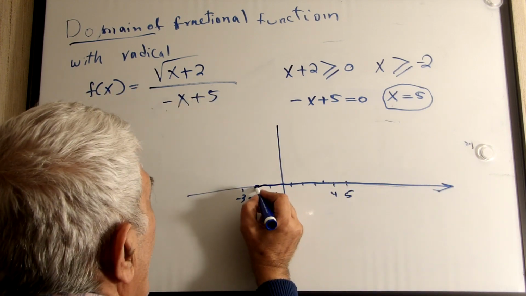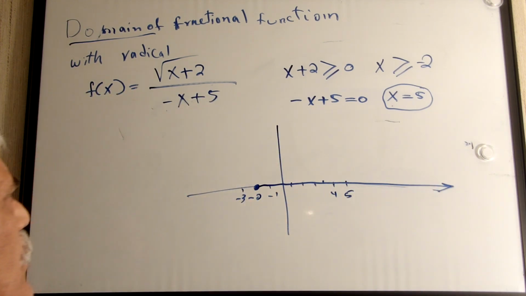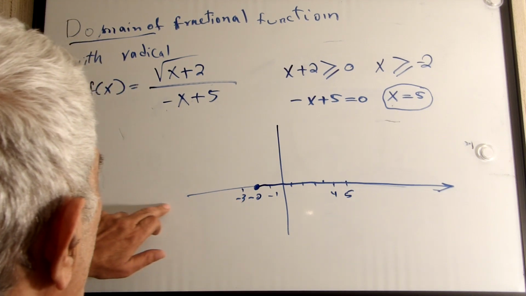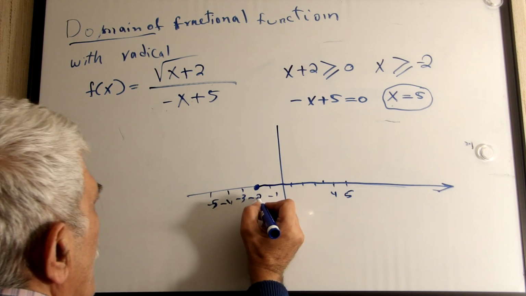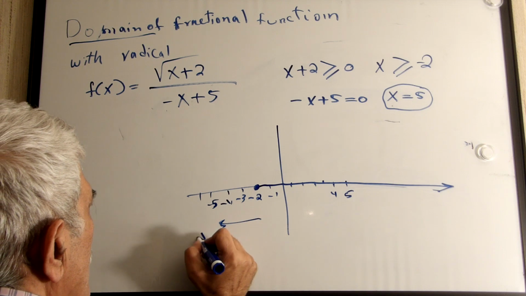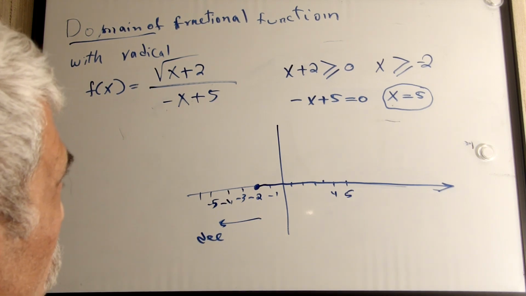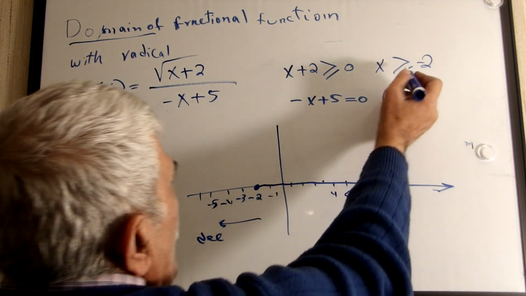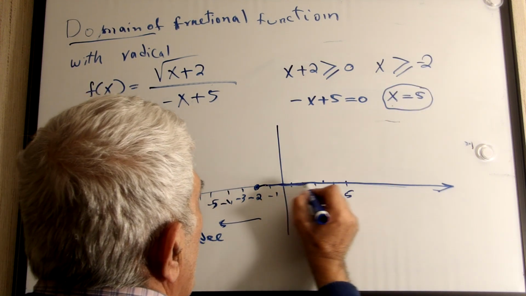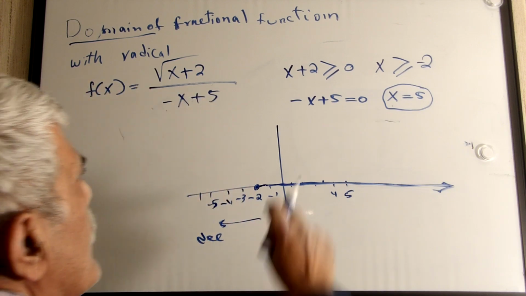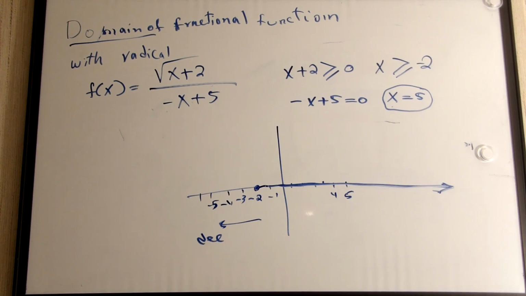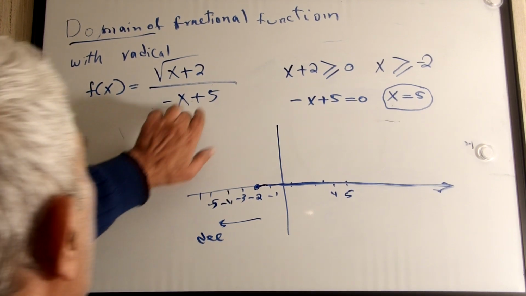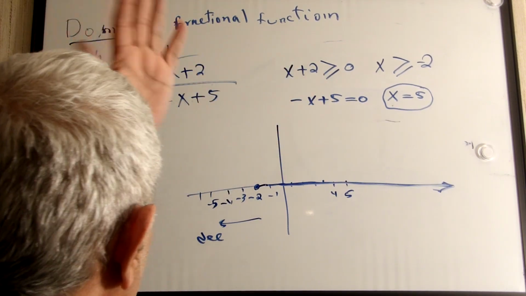Greater than minus 2 means all the numbers here; here is less than minus 2, because the numbers are decreasing, like minus 4, minus 5. All these numbers are less than minus 2. So you get all the numbers greater than minus 2, but the denominator cannot be 0, because if it is 0, the number divided by 0 is going to be infinity.